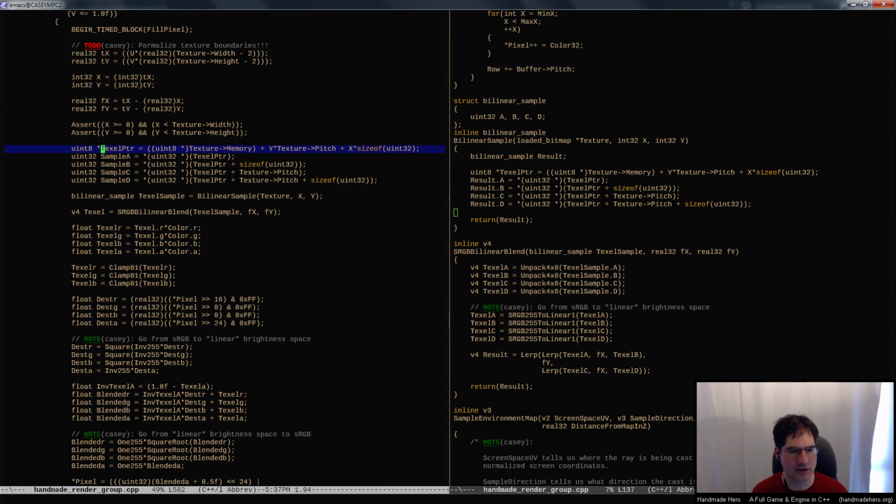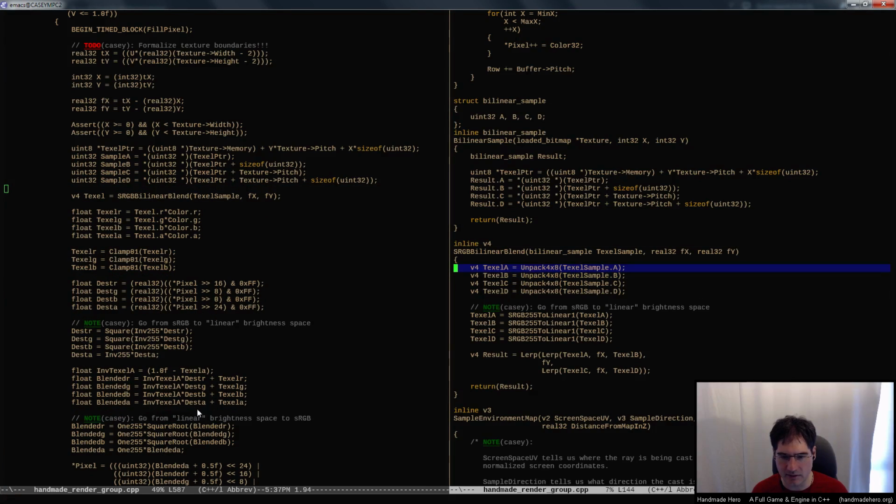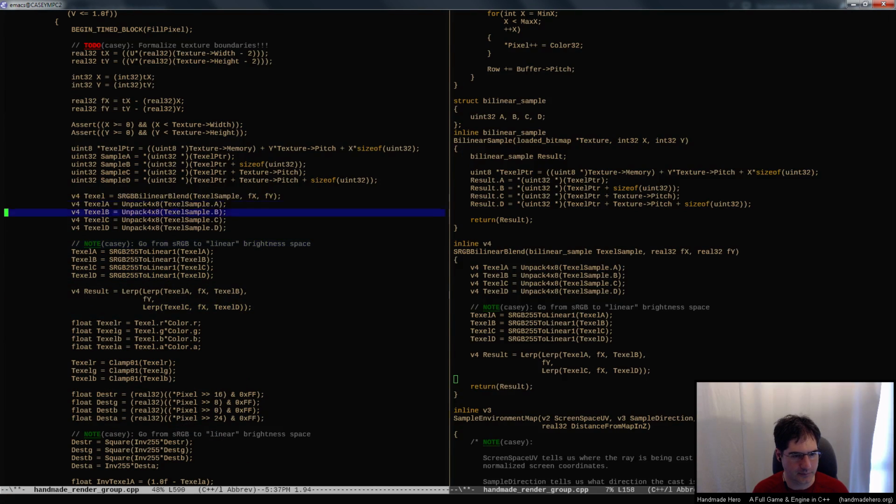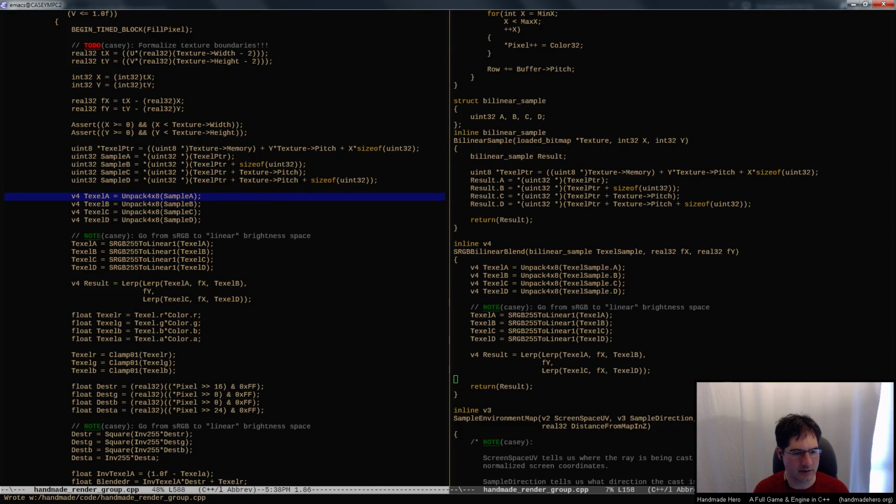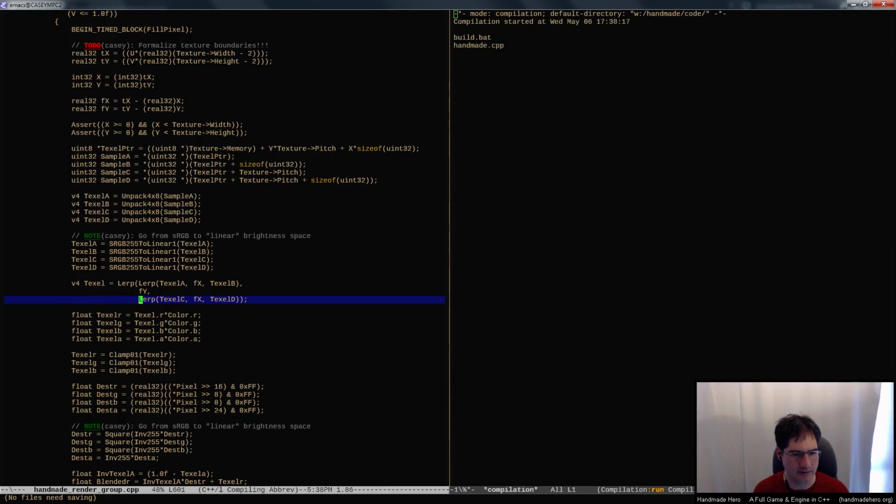And when we grab these out, we have Texel pointer, texture, X and Y. We're already using the variables that we wanted to use, so that's totally fine. Then sRGB bilinear blend, put that in there. That will just take Texel sample: sample A, sample B, sample C, and sample D. And I think that's about it. Then that just produces that final Texel value.